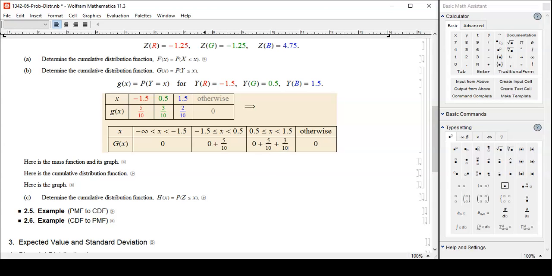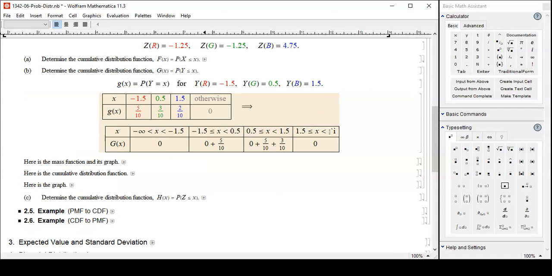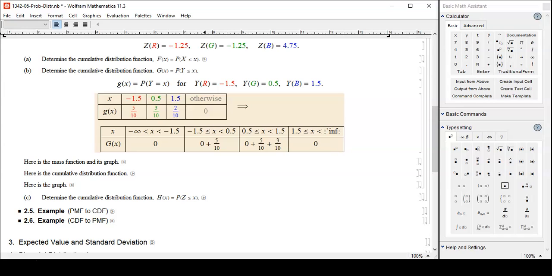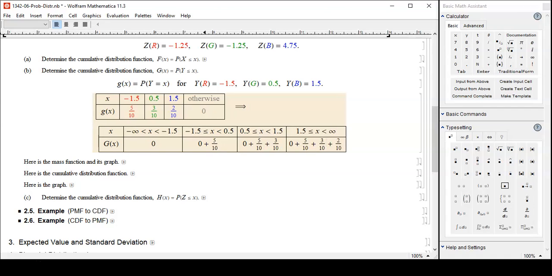Plus 3/10. And then 1.5 to next. And then I have to keep adding up. That's what I get, right?